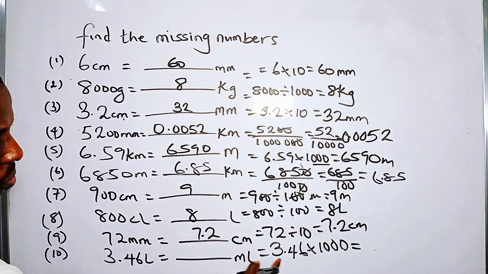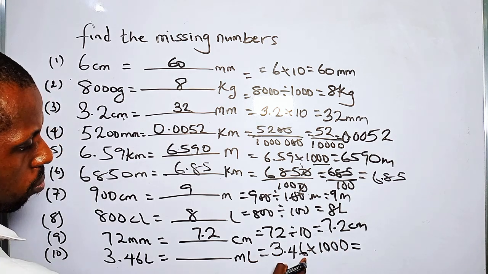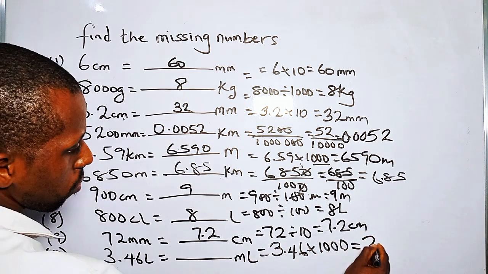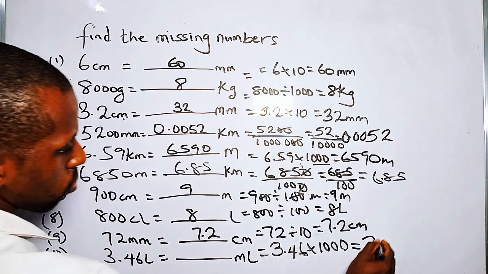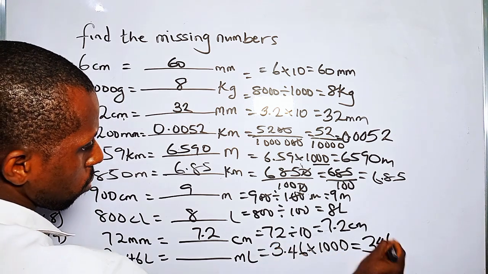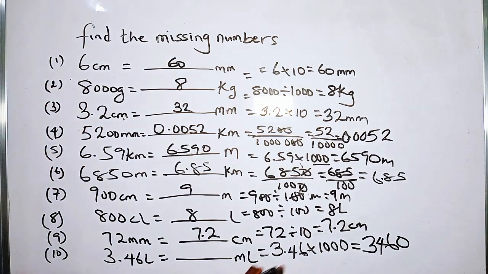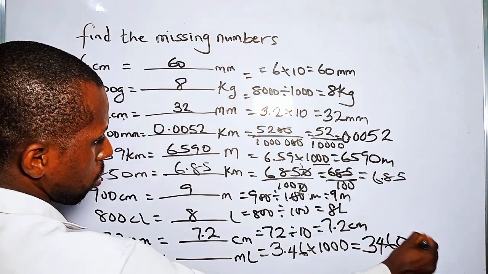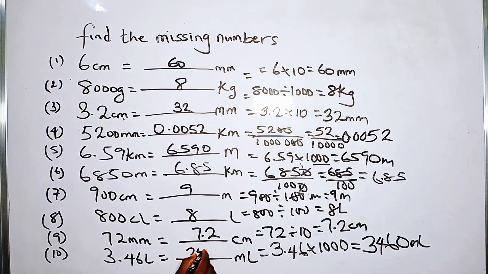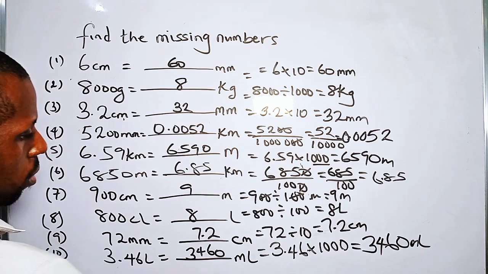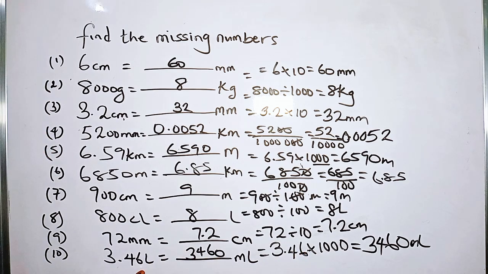We have 3 zeros, so we are moving 3 places: 1, 2, so it's not up to 3, so let's add 0. So we have 3460 milliliters. When we are converting from liters to milliliters, we have this, and when we are taking it back from milliliters to liters, we divide by 1000. Thank you very much.